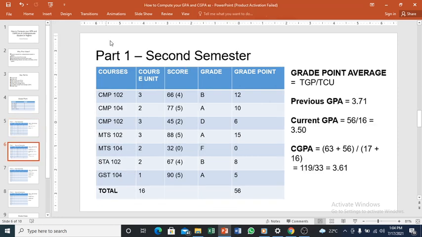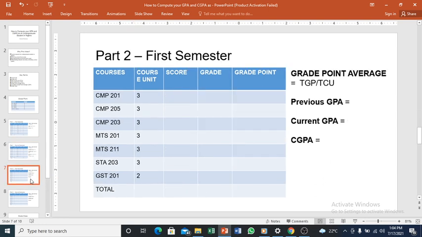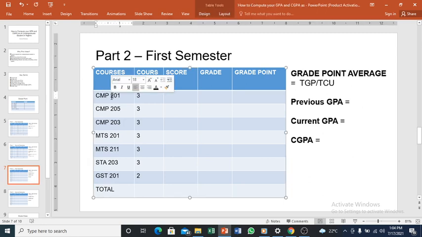Second semester they always end with an even number: 102, 104, 102, 102, 104, 102, 104. Now we came into first semester part two. You would always see that the majority of your 200 level courses start with 2: CMP2, MTS2, and because it's first semester, they always end with an even number.